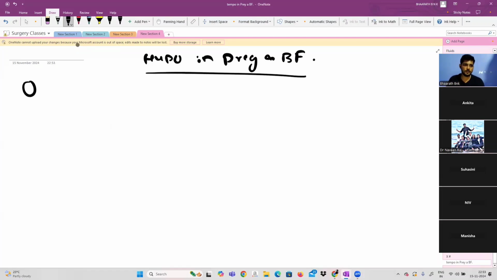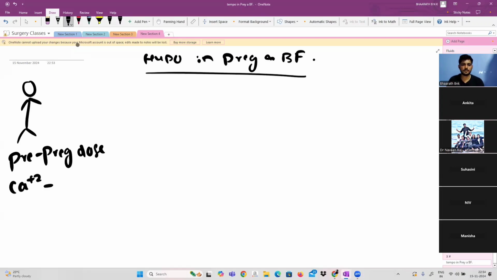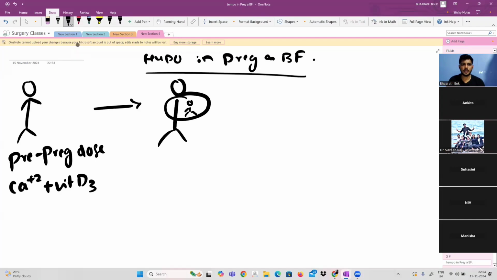So there was a female who was on pre-pregnant dosage of calcium, oral calcium plus vitamin D3. Now this female conceived. As long as she is pregnant, you need to increase the dose of calcium and vitamin D3.